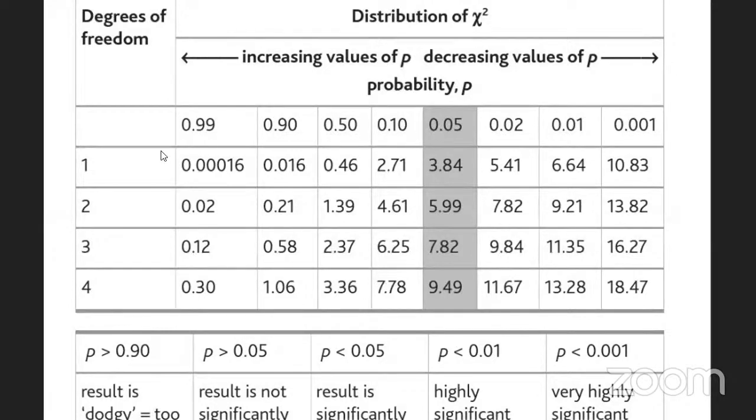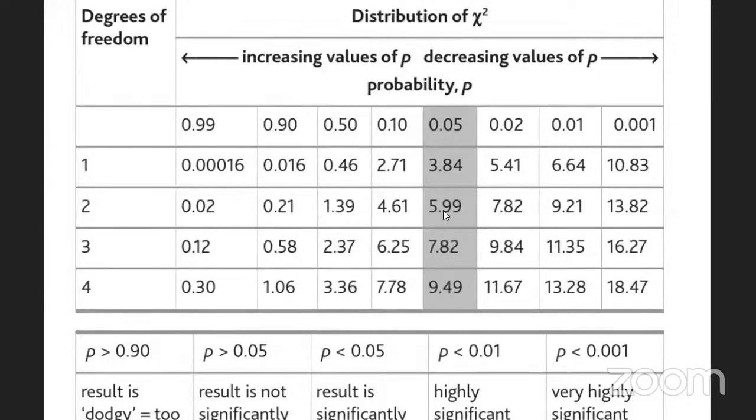Let us say your degree of freedom is 2. You're going to find where it intersects the 0.05. So you have a degree of freedom of 2 and a probability of 0.05.